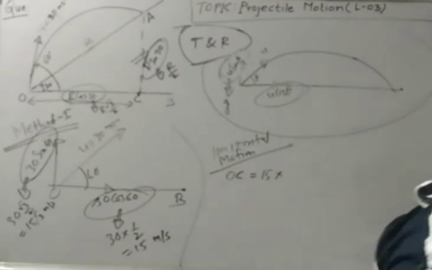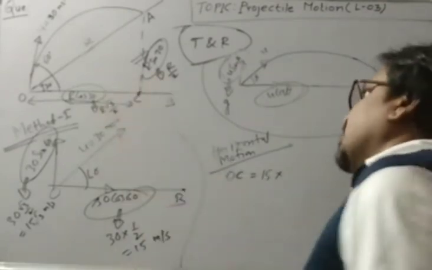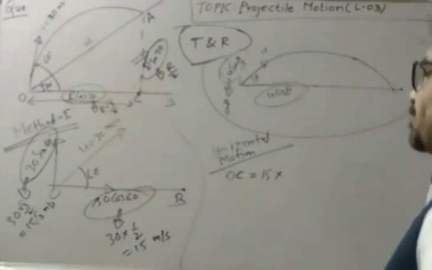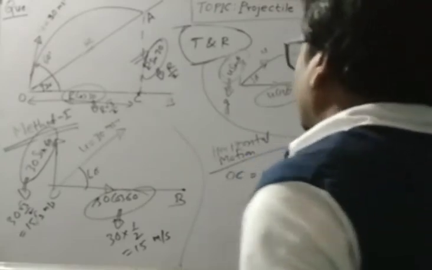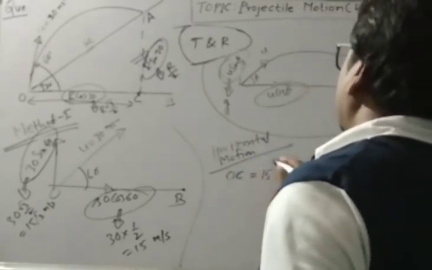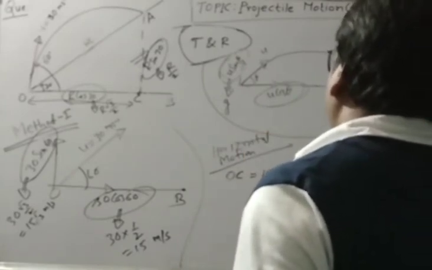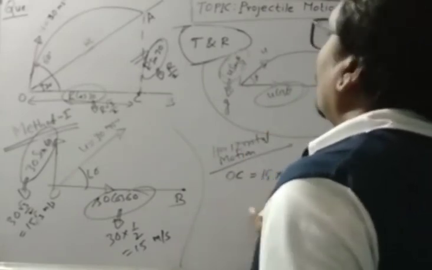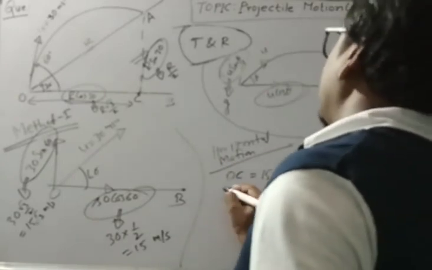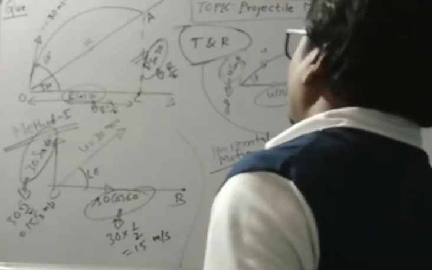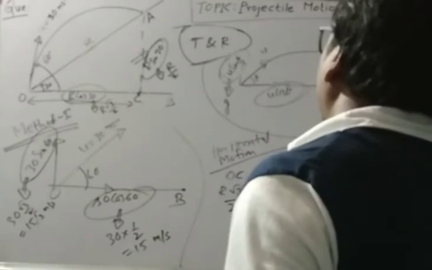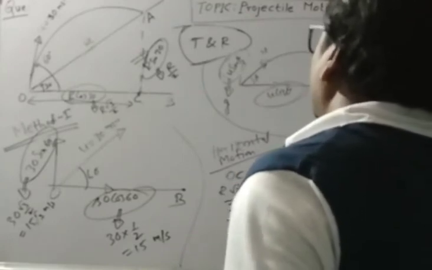Both terms will give you the same magnitude OC, that is R root 3 by 2. So this is 15, the magnitude of velocity, multiplied by time t will give you distance OC, that is R root 3 by 2, and this is 15 into t.